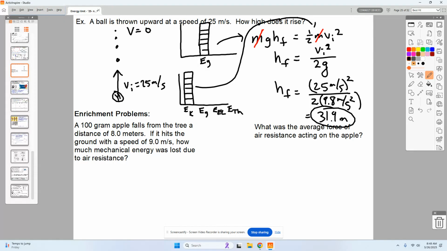And we can quantify energy fairly quickly with those equations and solve some things that probably prior to this we'd have a hard time doing.